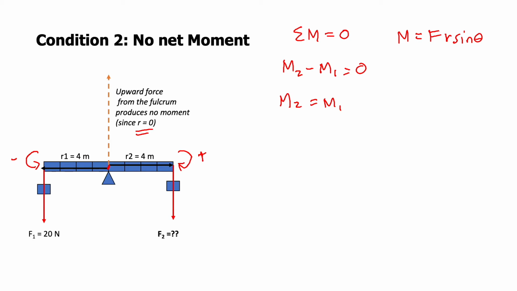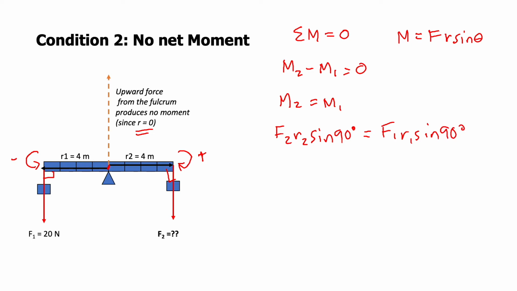So for M2, we have F2, then R2, and then sine of theta. In this case, we have 90 degrees. So it's equal to F1 R1 sine 90 degrees.